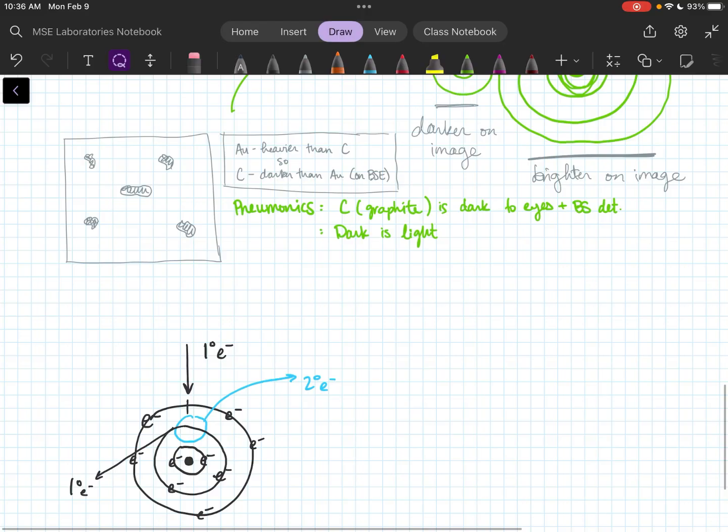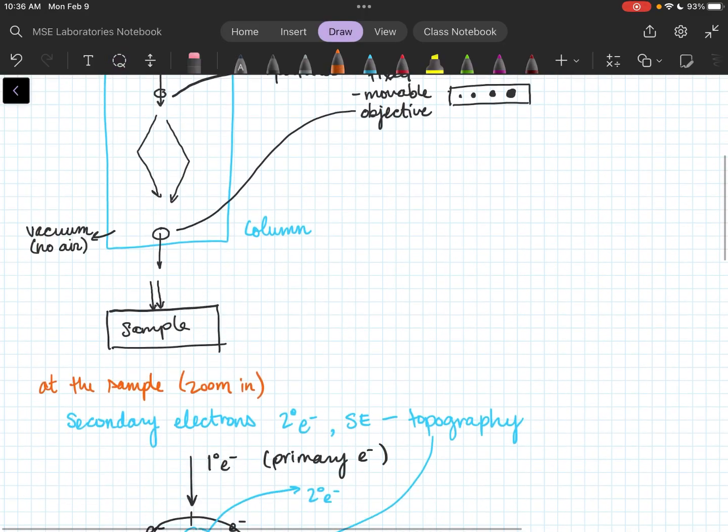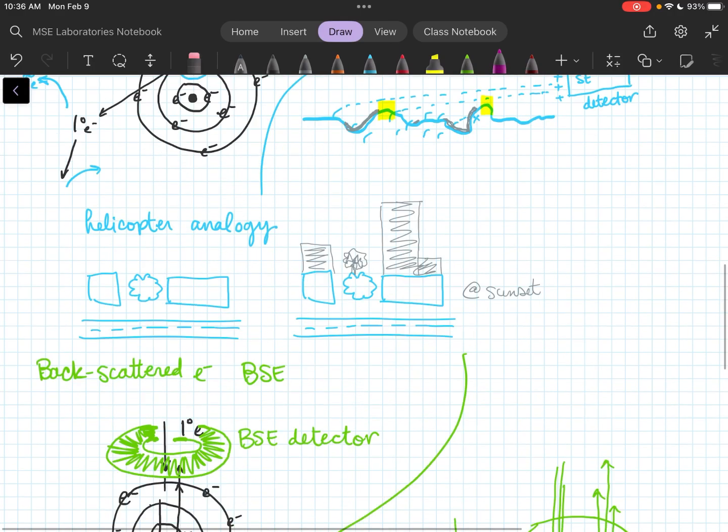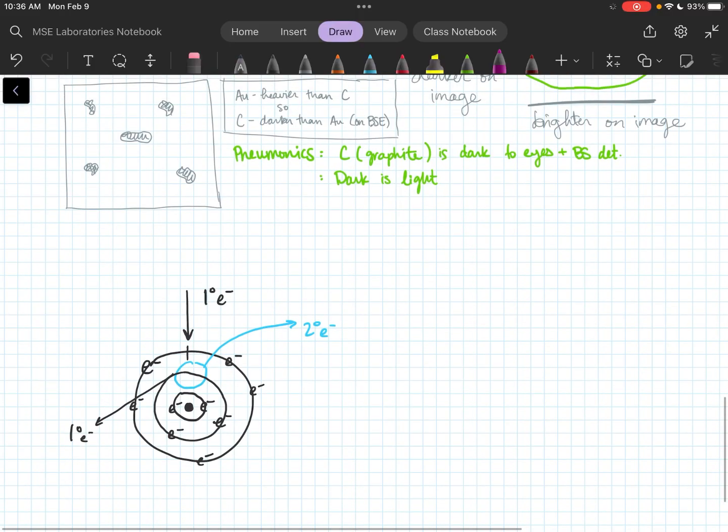I have not used orange yet. Oh, I kind of did use orange up here because that was this section. It's not good to use red and green because scientists are colorblind.